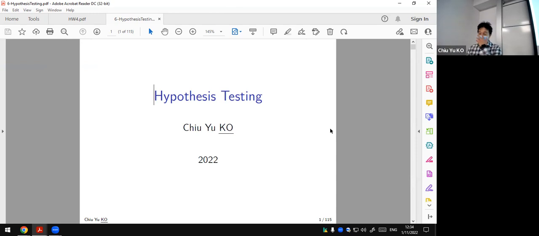Hypothesis testing. To remind you what it is, it's good to know the big picture very quickly, so I keep drawing the same diagram again.